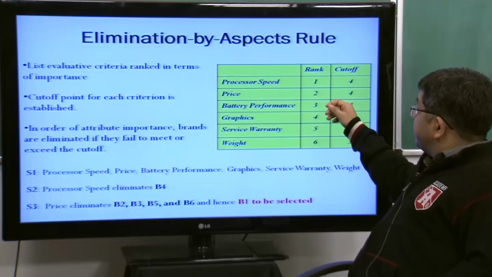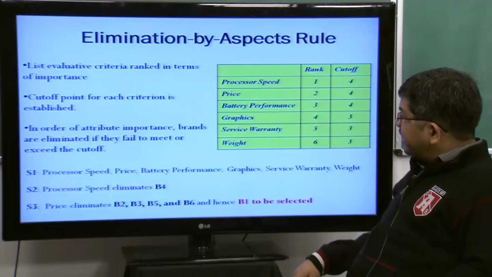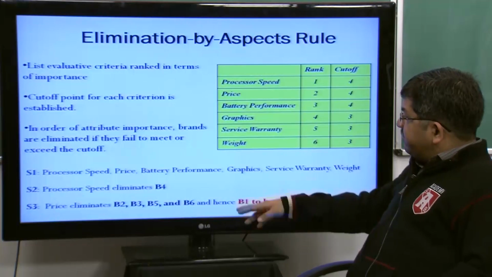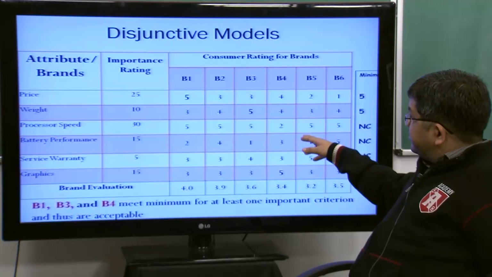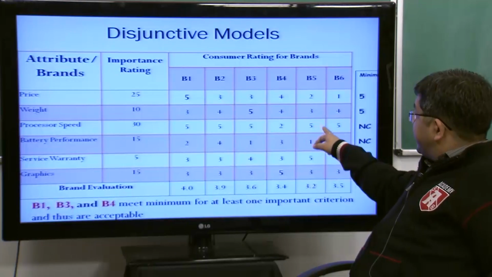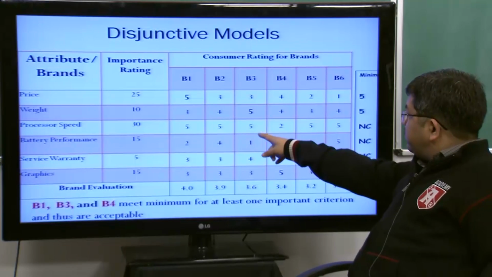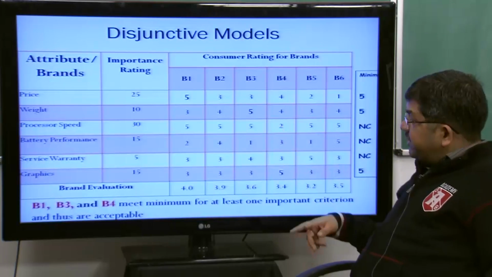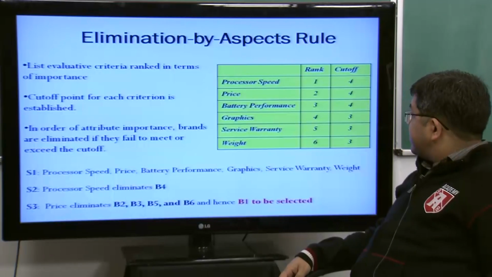First he will look at the brands which have the minimum cutoff value of 4 on the most important criterion. So here, if I say processor speed, and I look at 4 as the minimum criterion, you will see brand B4 is eliminated. So I am left with 5 brands now.